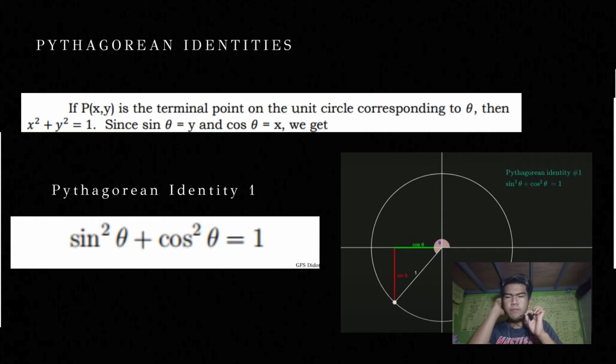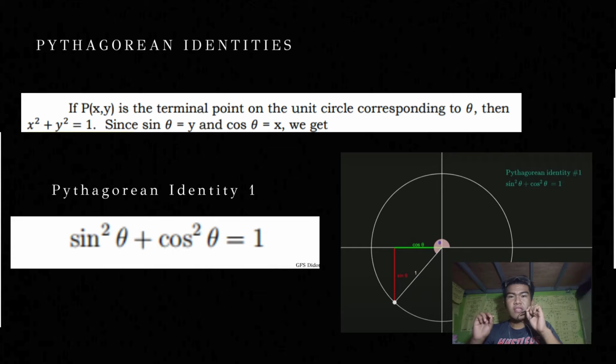But how? Remember, when we put the Pythagorean triangle inside the unit circle, the values of a, b, and c change. a will be equal to x, b will be equal to y, and c will be equal to r.